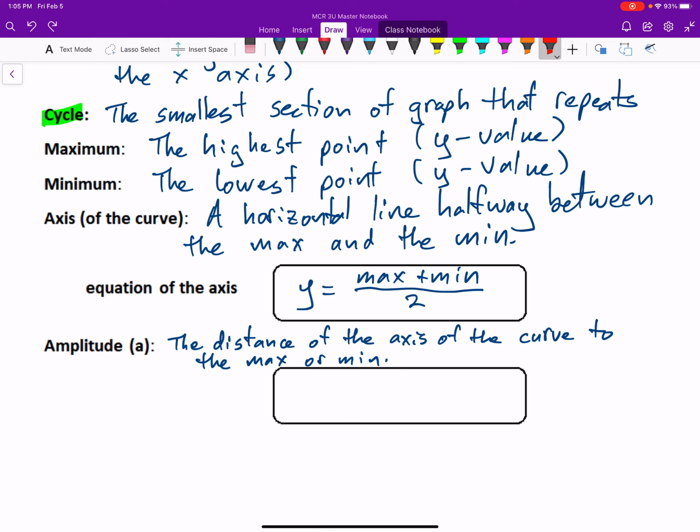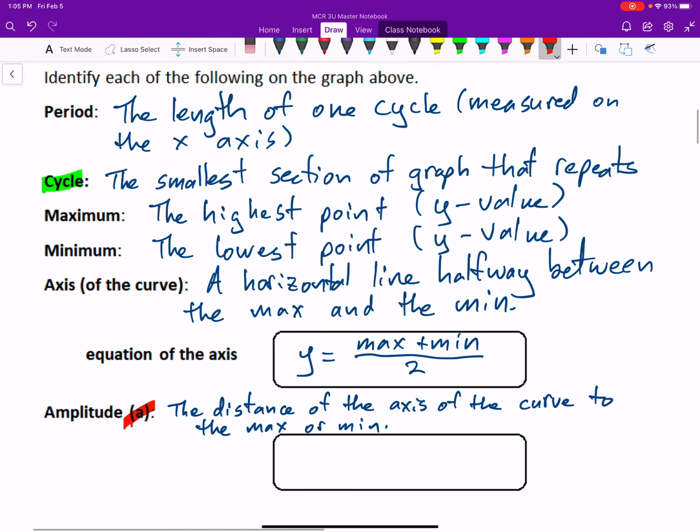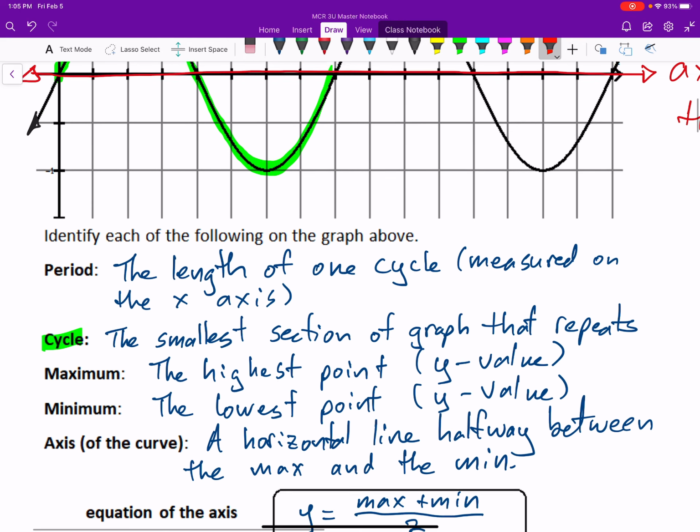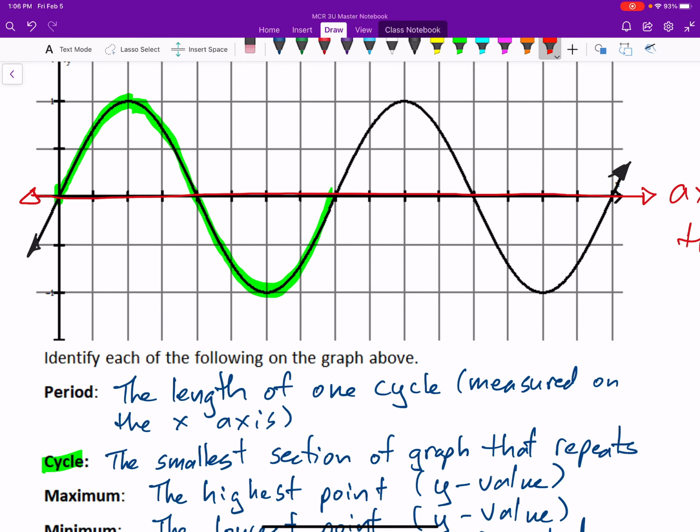Maybe I'll highlight it. We use A to represent that, and that is going to be this distance here, from the axis to the maximum. Again, we represent it with the letter A, or it could be the distance from the axis to the minimum.